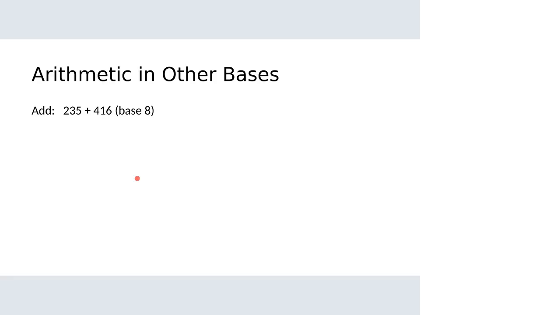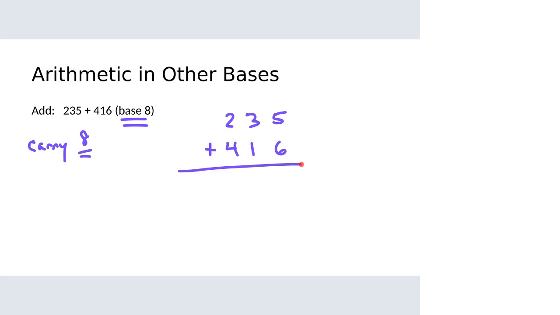All right, must be doing pretty good. Arithmetic and other bases. If we want to add these in base 8, the key here is because it's base 8, if we're going to carry, we're going to carry 8. So if I do 2, 3, 5 plus 4, 1, 6, and we're working in base 8, 5 and 6 would be 11, but I can't have 11 in base 8. So what I have to do is carry 8 of those 1s over to the next column.